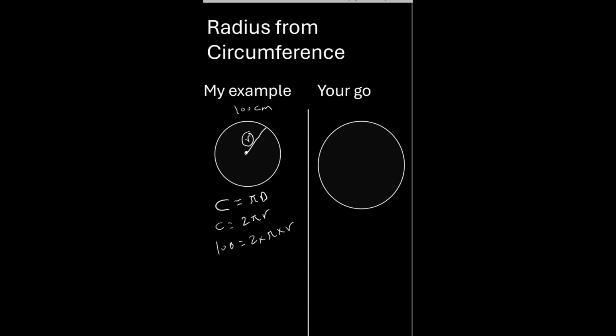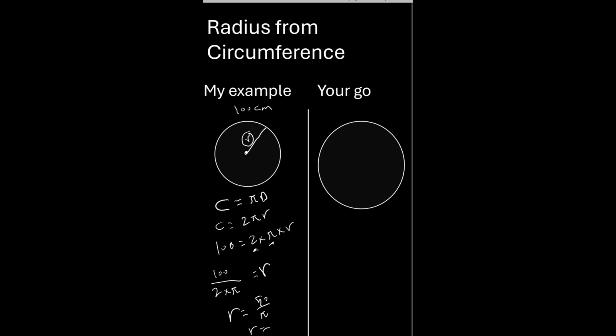Now, I will solve this equation by dividing by 2 and by pi on both sides. So r will be 100 divided by 2 times pi. So r will be 50 over pi.